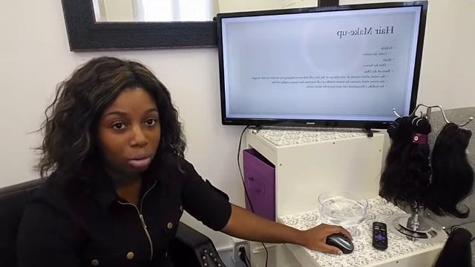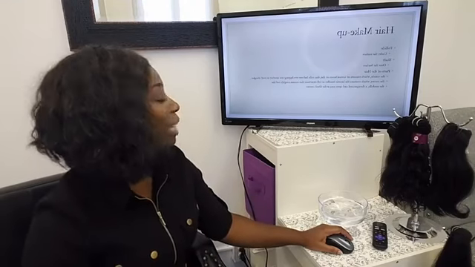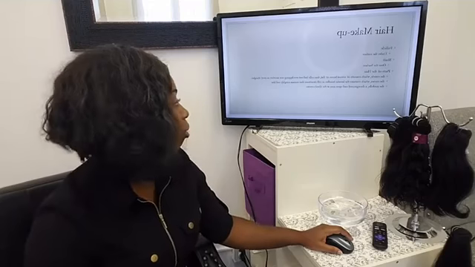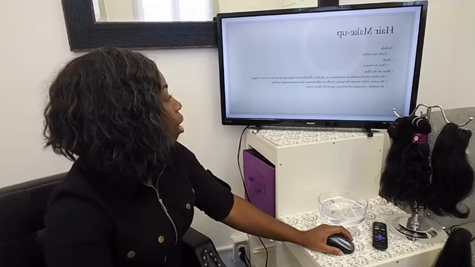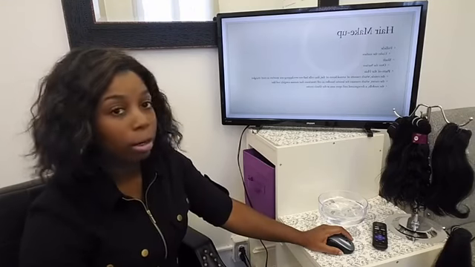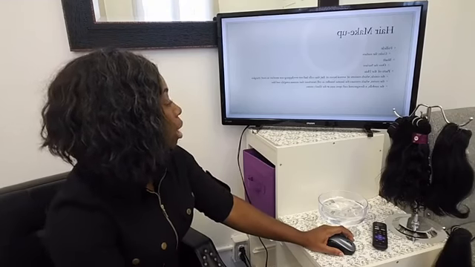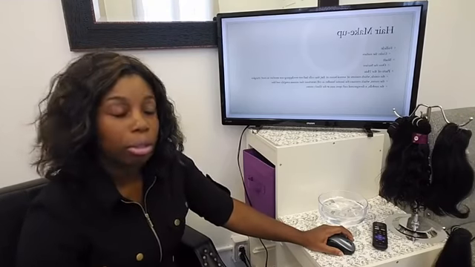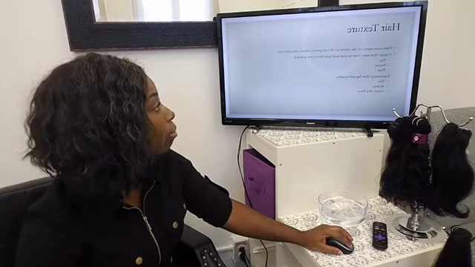I know this is all very textbooky, but hopefully I can present it in a way that you all will understand. Okay. So our cortex, or the center of our hair strand, contains keratin bundles, which is what helps the strength of the hair.